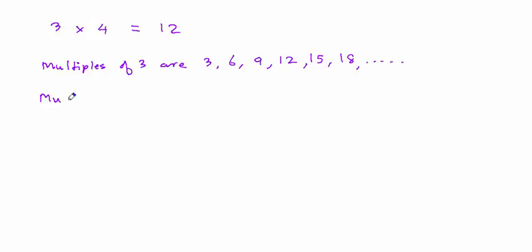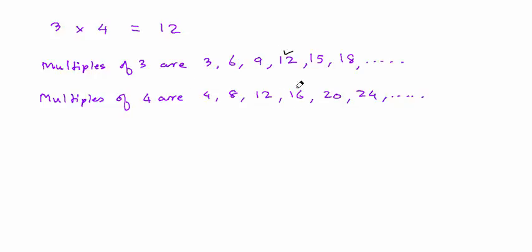The multiples of 4 are 4, 8, 12, 16, 20, 24, and so on. And as we see over here, 12 is a number that's a multiple of both 3 and 4. That's exactly what this statement out here says.